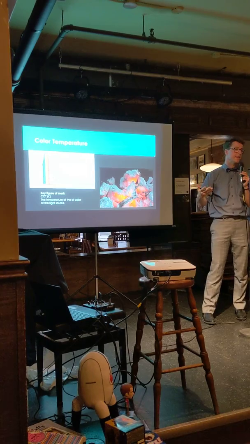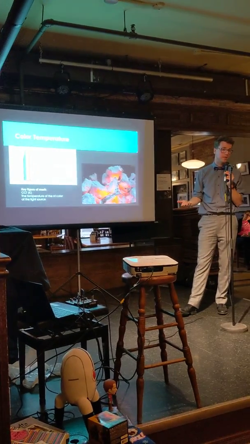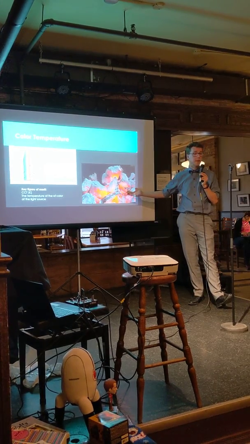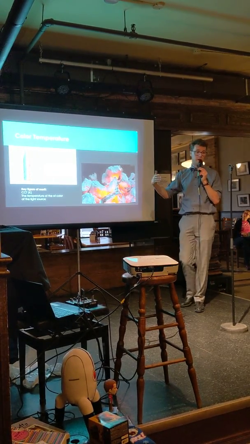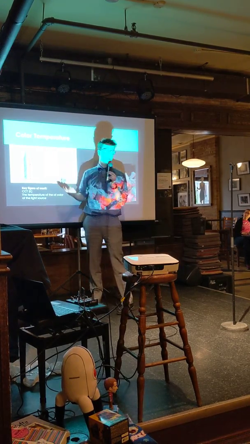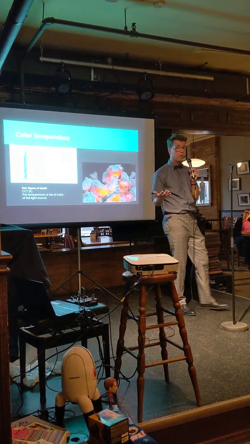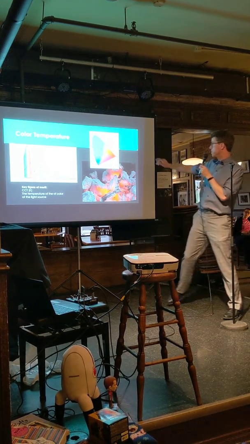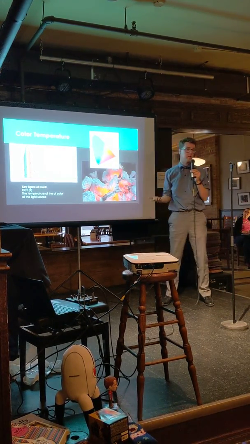So a black body is anything that radiates just because it has some intrinsic heat to it. As you can see here with these embers that are glowing. As you get hotter and hotter, it can start to be blue, and it can go white and then all the way past to blue. And so this will follow this black line here.